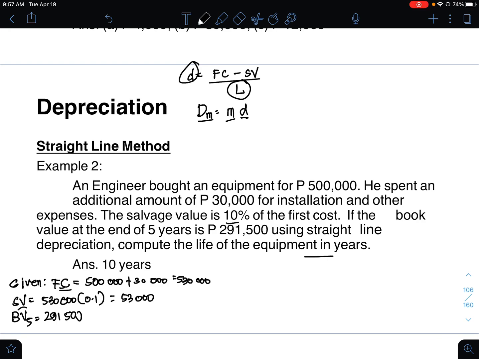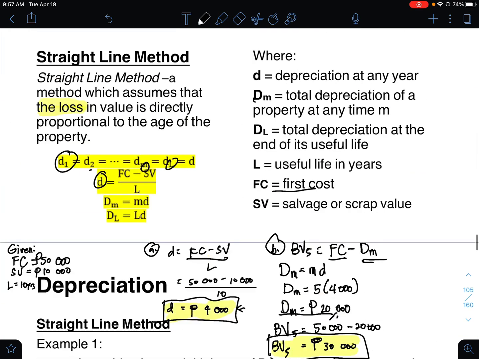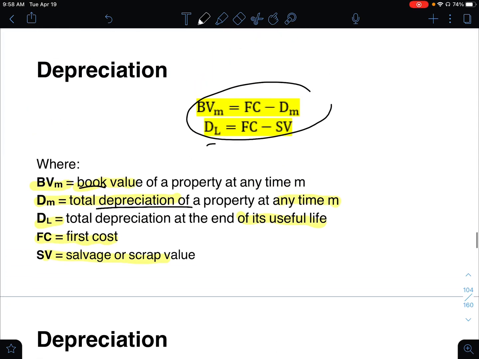DM equals FC minus BVM. Now in depreciation, recall this one, the book value is FC minus BVM.